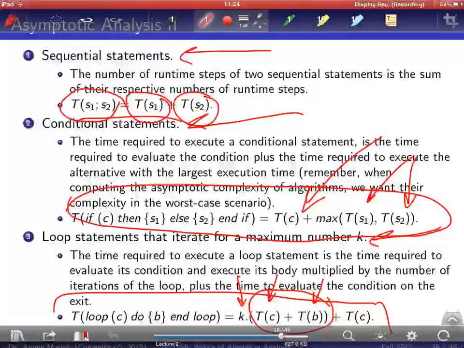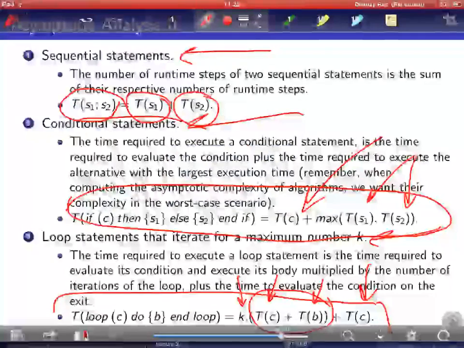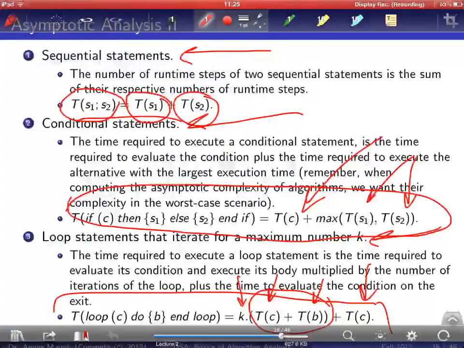Let's see this example now. Program P takes input n and does the following: a plus plus, b plus plus, for I in 1 to n, if c d plus plus, else for I in 1 to n e plus plus, and for, and if.